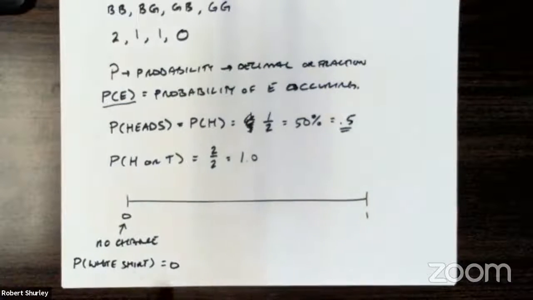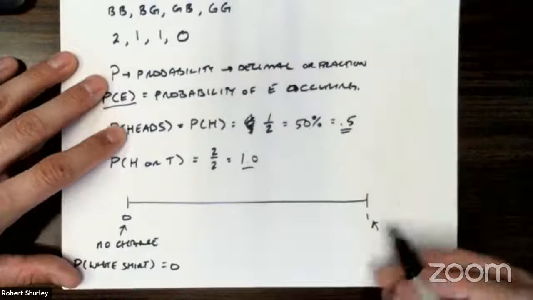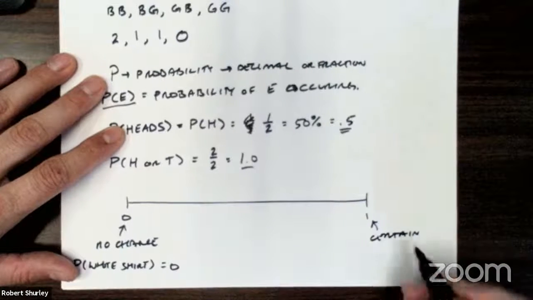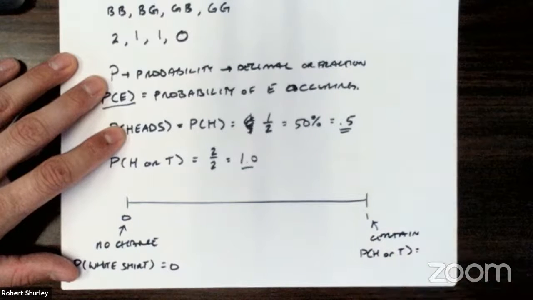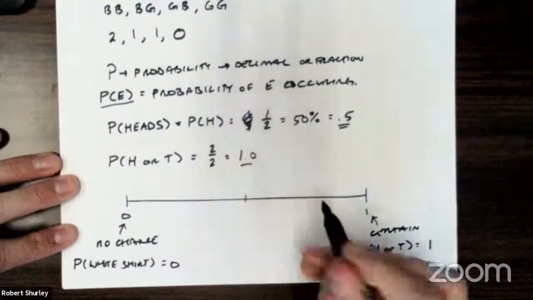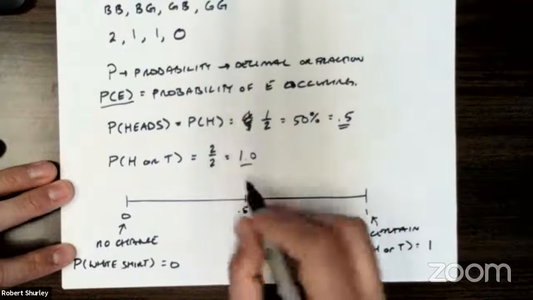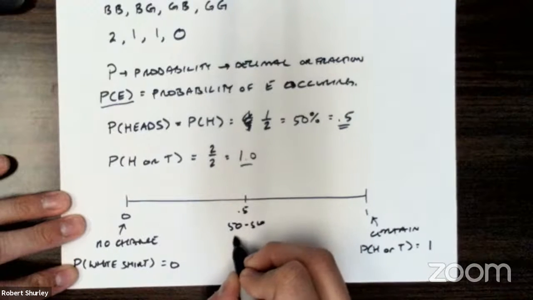But it's a probability that has no chance of occurring. Now, 1 would be certain. It's what's going to occur, no matter what. So the probability of heads or tails is a good example. If you flip a coin, it's either going to land on heads or tails. Halfway, 0.5, is that 50-50 chance.